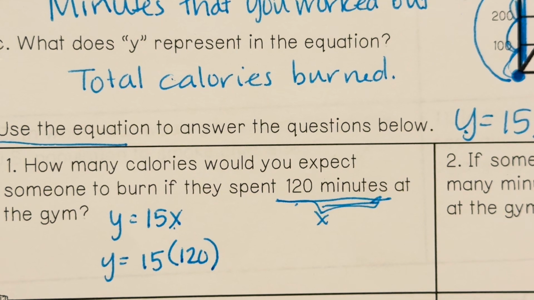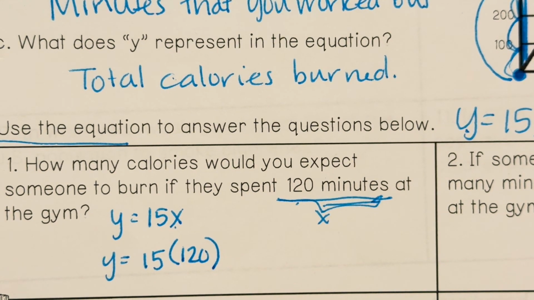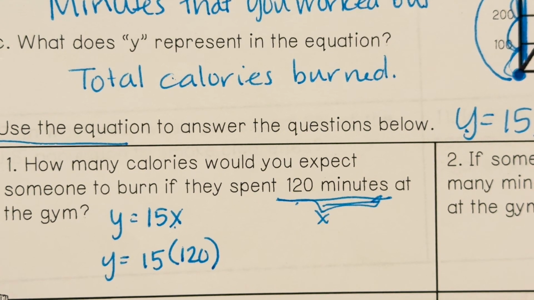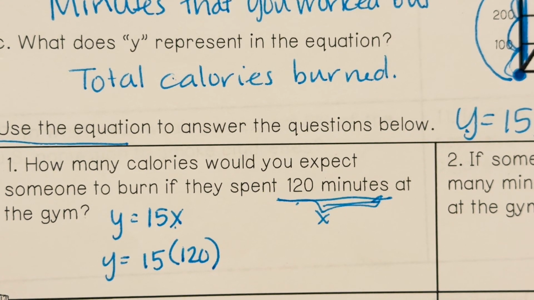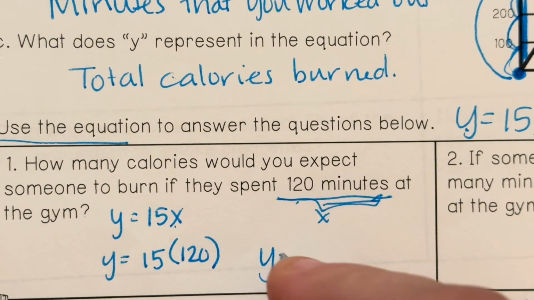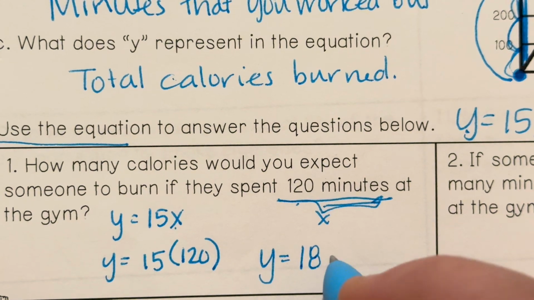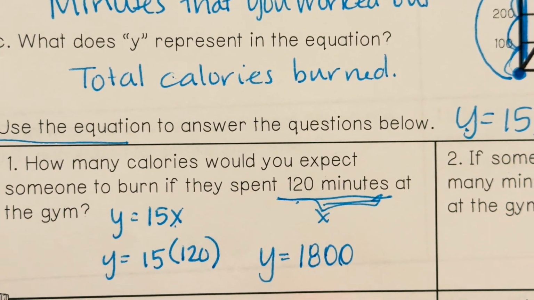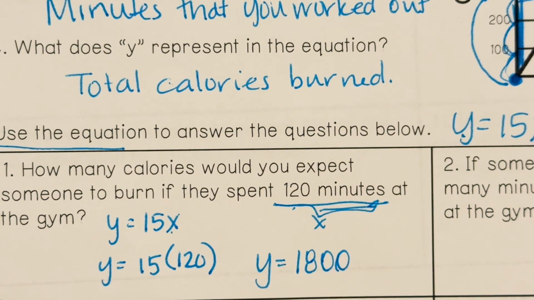You have the advantage that you have Desmos, right? So in Desmos, you can do 15 times 120 and you get 1800. So you can expect that if you exercise for 120 minutes, you would burn 1800 calories.